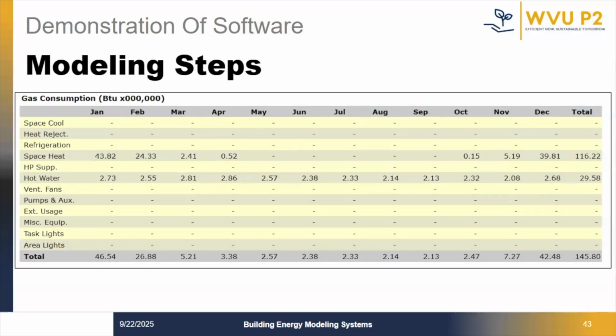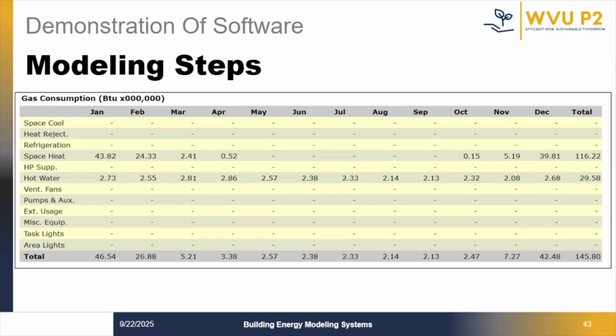This table shows the monthly breakdown of natural gas consumption for our baseline building, measured in millions of British thermal units. The majority of gas use comes from space heating, totaling around 116 million BTUs annually, with the highest demand in the colder months, January, February, and December. The second major category is domestic hot water, which remains fairly consistent year round at 2 to 3 million BTUs per month, totaling just under 30 million BTUs annually.